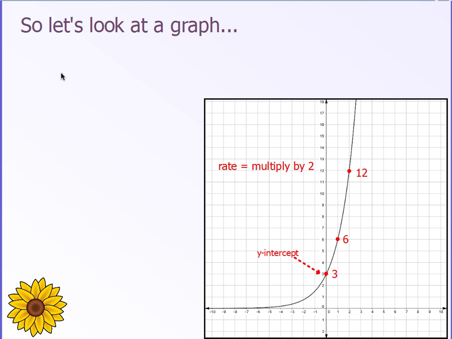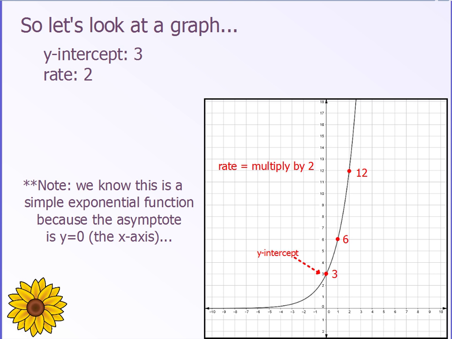So with our y-intercept being 3 and our rate of 2, we can go ahead and replace those in our equation. Just a quick note, one way to know that this is a simple exponential function with no transformations that have taken place is to note that the asymptote, or line where the exponential function is going to get really close but never actually touch or cross, is the x-axis.